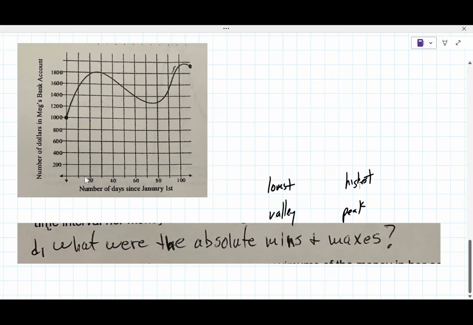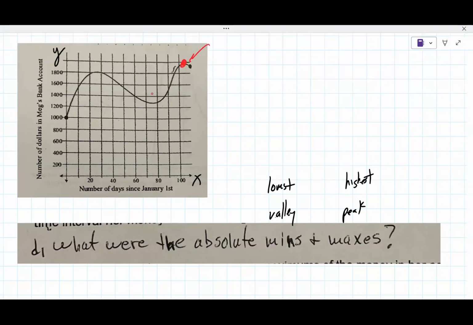The x value? What is the x value where it's a maximum? 110. Okay, so it looks like it's actually here.